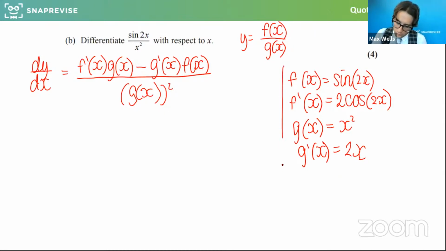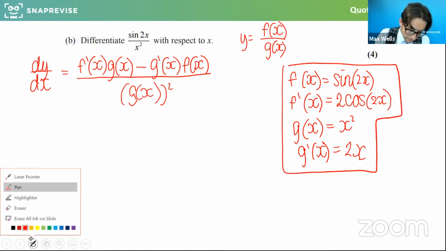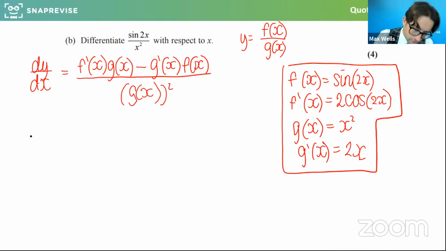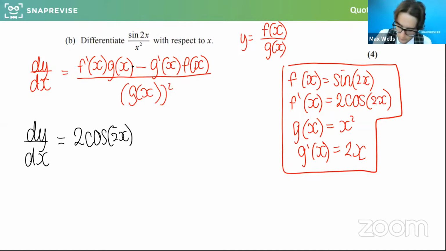So now we've kind of got all the little bits we need. We just need to plug it into that rule. So if I plug into that rule, I'm going to get dy dx. Well, let's piece it together. The derivative f dash of x, which is 2 cos 2x, times by the g of x, which was this one, x squared, minus the other way round.